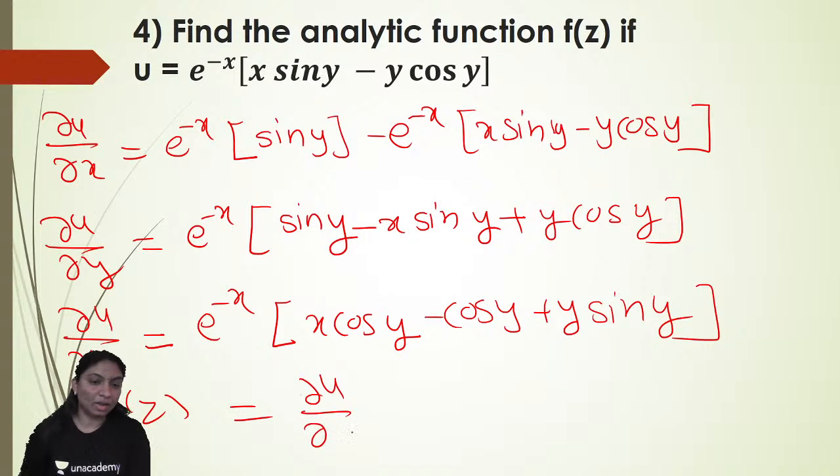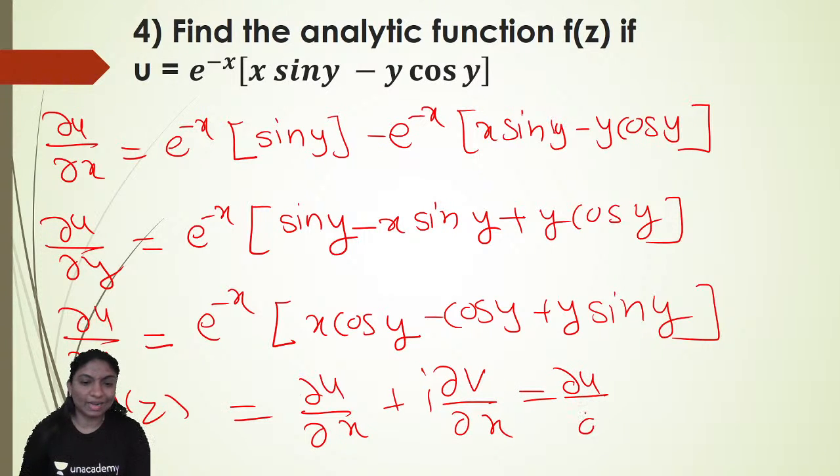∂u/∂x plus i ∂v/∂x, which is equal to, we can write ∂u/∂x, ∂v/∂x, it means minus i ∂u/∂y, right?